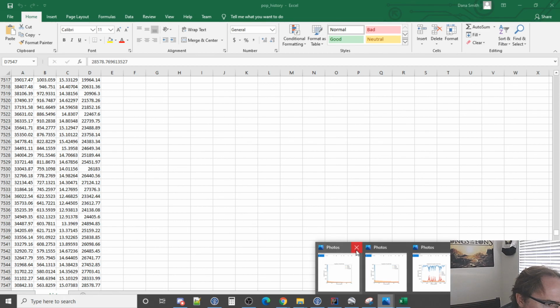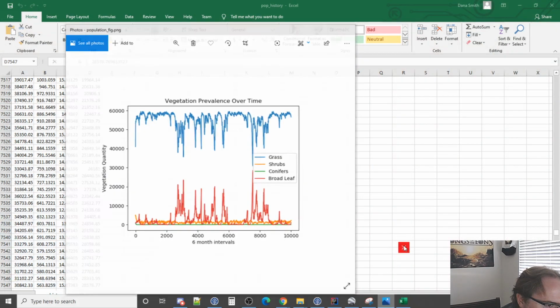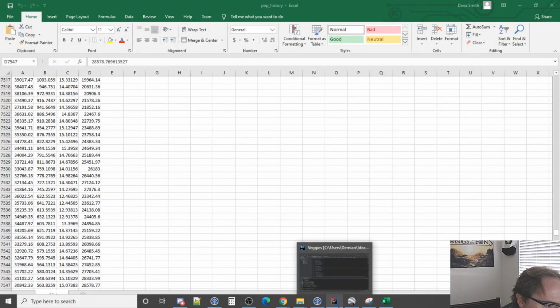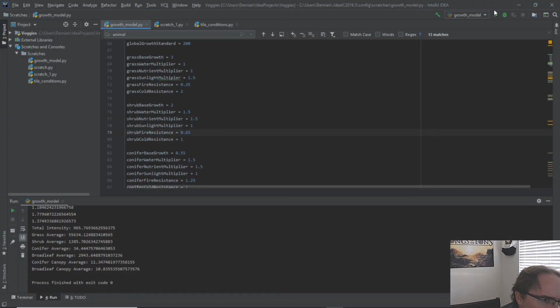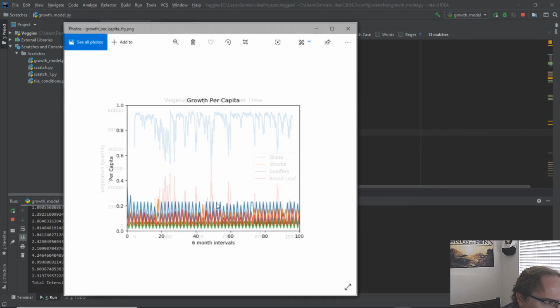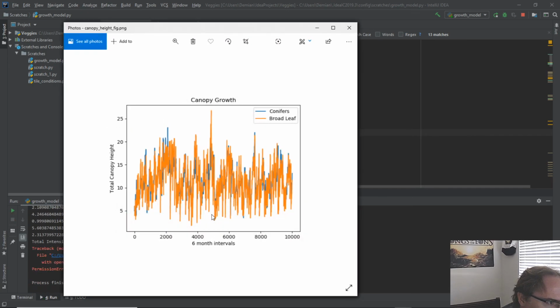Alright, so what we need to do is find a way to compare the canopy height. One of the issues is I feel like canopy height gyrates around quite a bit. Yeah, you can see that here.